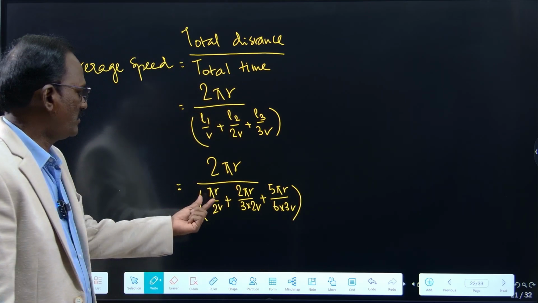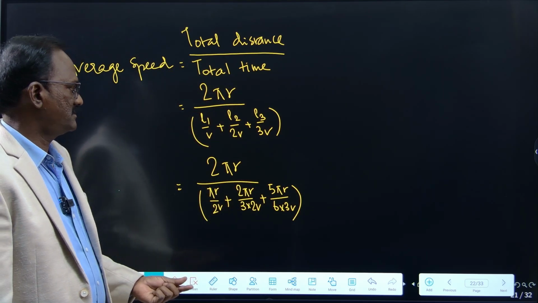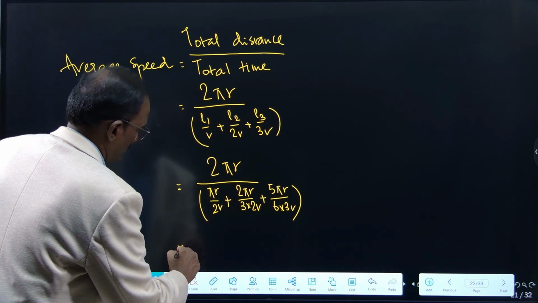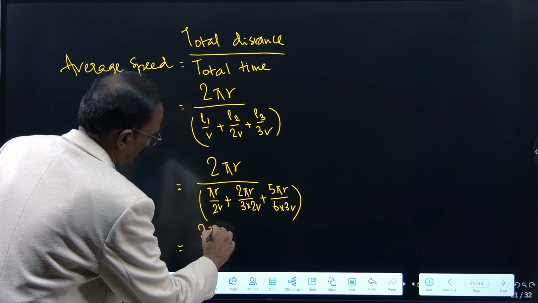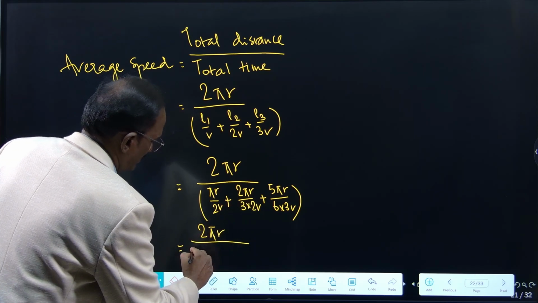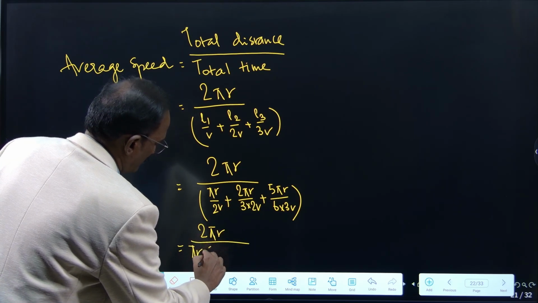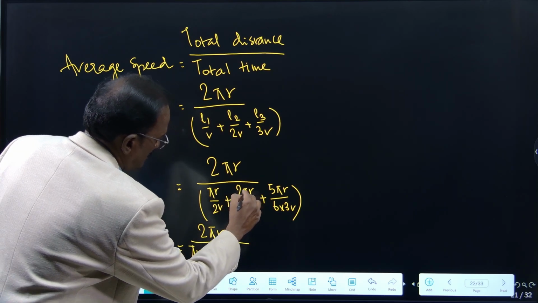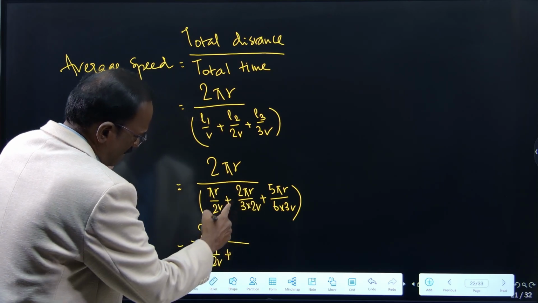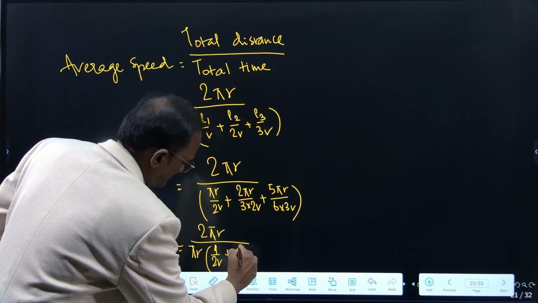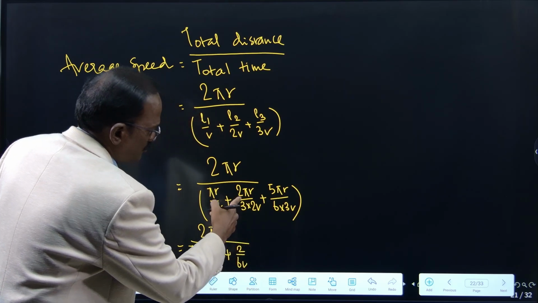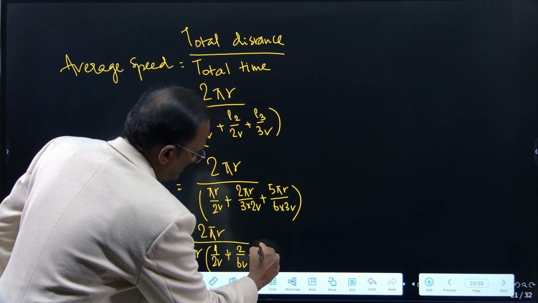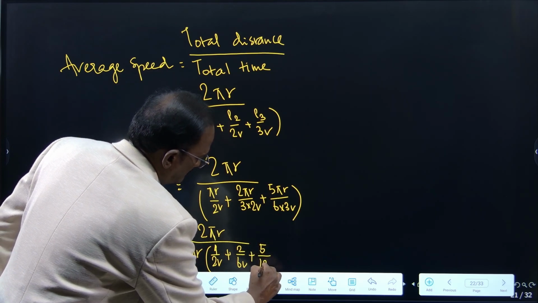This is the time t1 plus t2 plus t3, right? Pi r we can remove. 2 pi r. So pi r we are taking outside to remove. 1 by 2v plus 2 by 6v, 2 by 6v plus 5 by 18v.